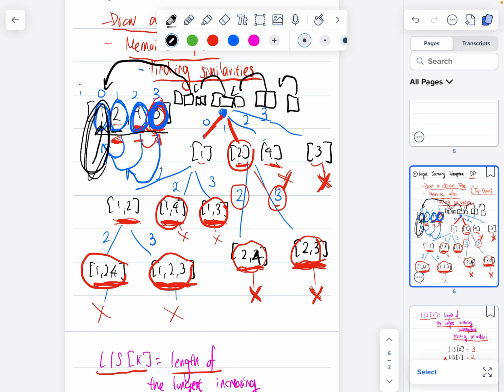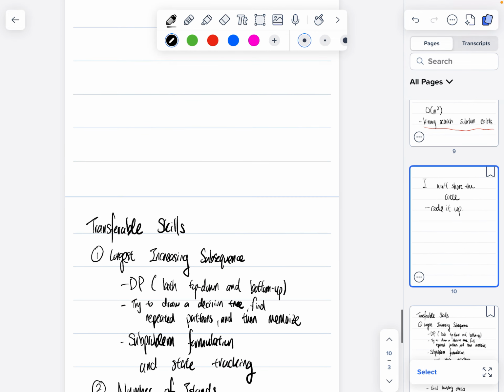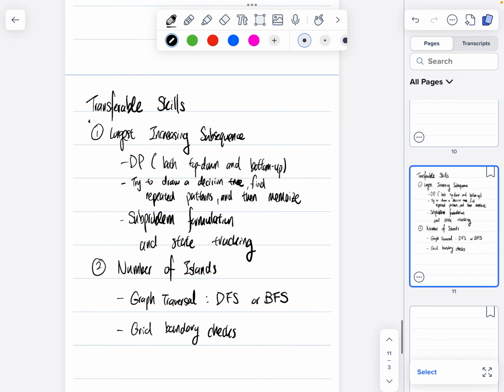So that's the intuition. I just want to wrap up by saying that the transferable skills here that you can use come from the longest increasing subsequence. Obviously, we can't solve every problem. I think it's really important to solve the classic problems and have a deep understanding of them and use those skill sets to solve different problems.